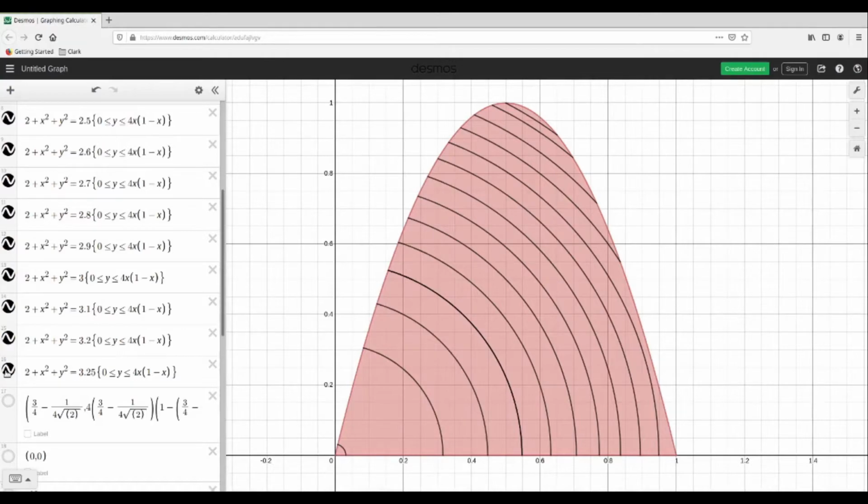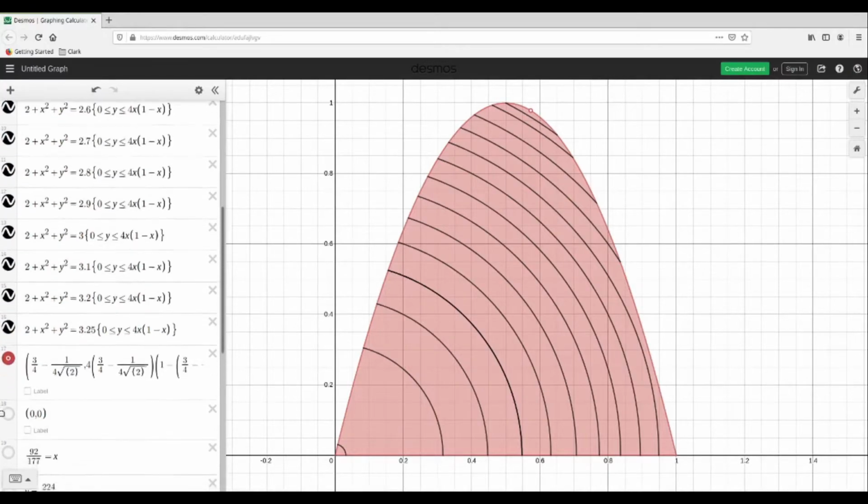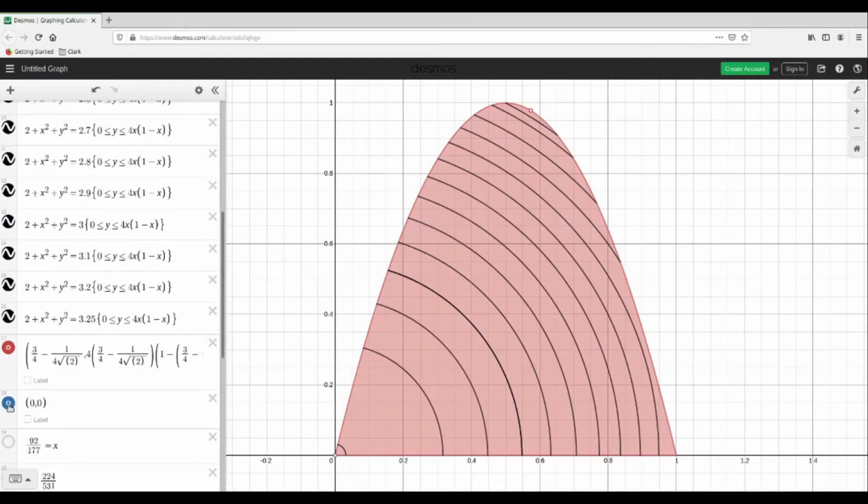You're seeing very clearly that the mass density is getting larger and larger as you move further and further out. And it turns out that it actually hits its maximum value at a point that you can solve for directly using the methods from optimization before.